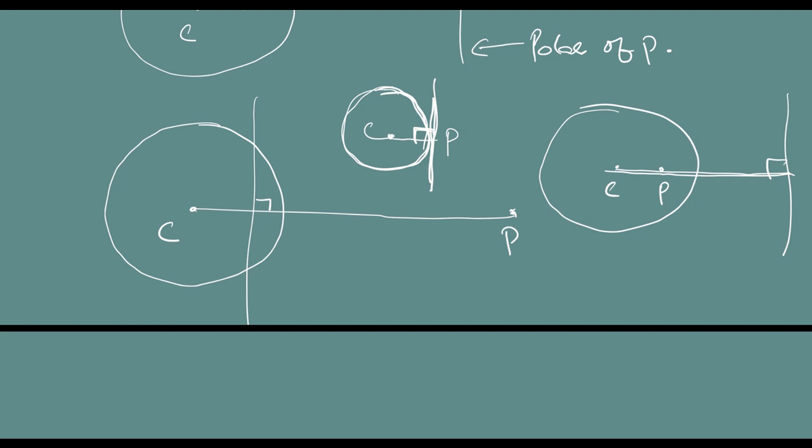The second thing we observed is, point lies outside, polar intersects; point lies inside, polar disjoint; point lies on, polar matches with the tangent.